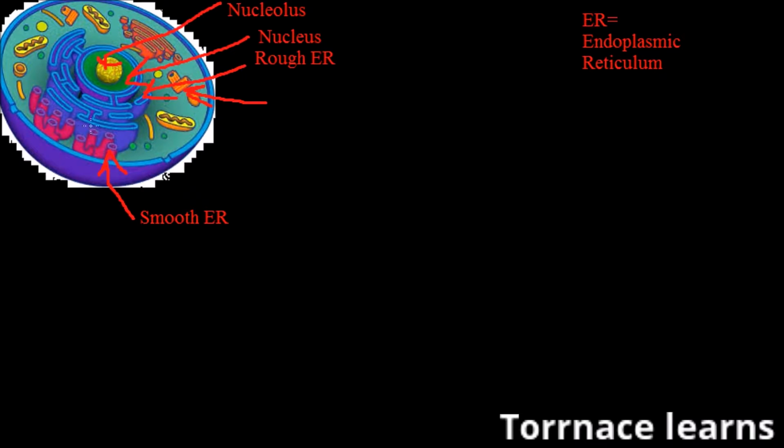What they do is help with cell division, which we're going to talk about later. It's not that important for now. We'll talk about that in the cell division video.